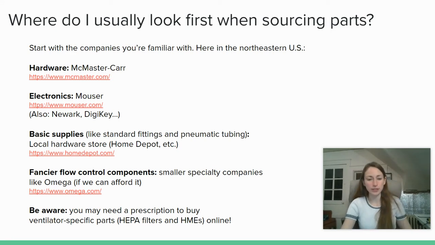And just one more thing to be aware of, if you do need to buy some specialty medical equipment like HEPA filters and heat and moisture exchangers, you may need to work directly with the doctor to get a prescription before you can order these parts online. So all of that is worth being mindful of.